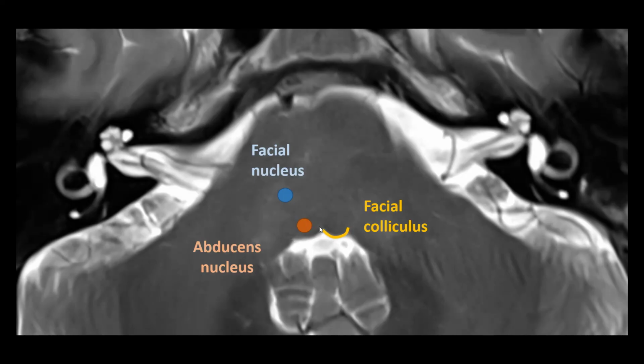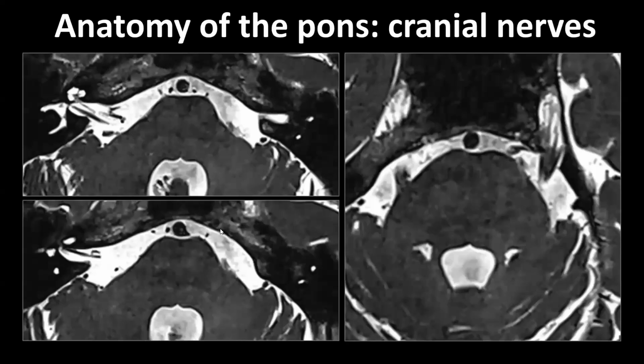That's not causing this protrusion, no, but the fibers of the facial nucleus make a loop around the abducens nucleus to then exit the pons at the exit point of the facial nerve. And this loop, along with the abducens nucleus, is what causes the facial colliculus appearance over here.